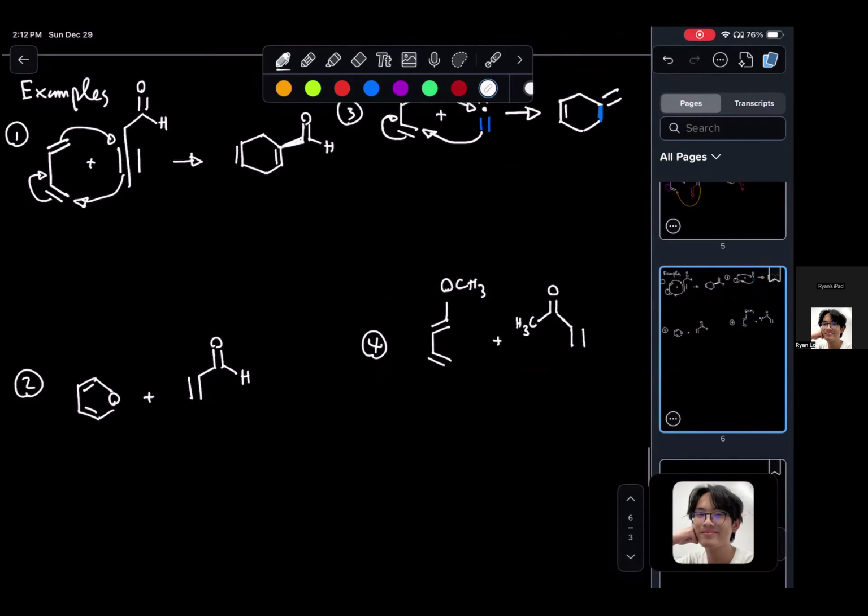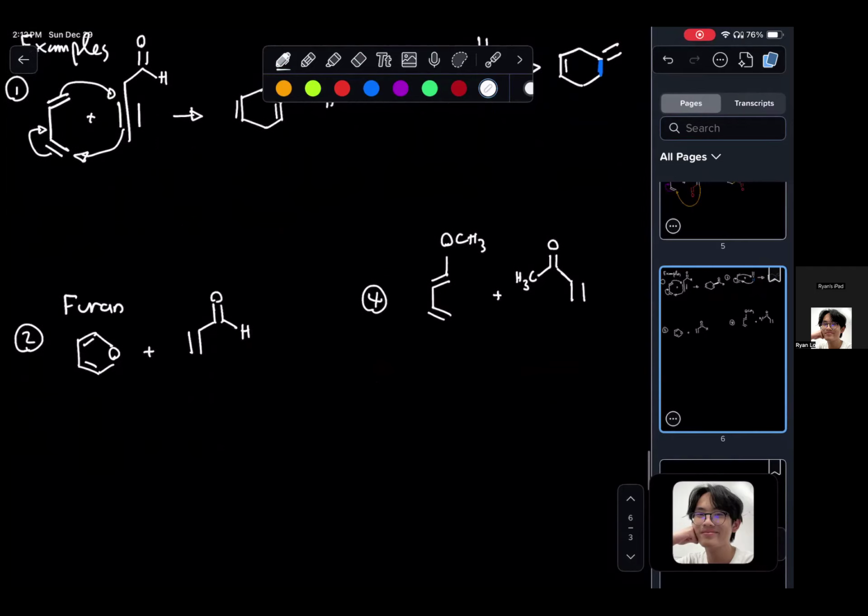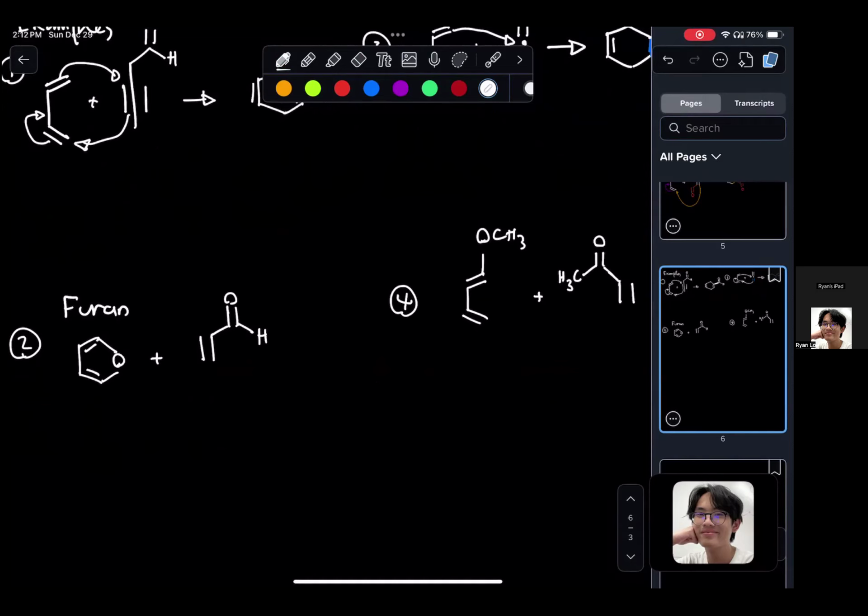What's the point? Over here, we have furan. You probably use that in your lab, and you might be a little confused about how exactly we're going to go about doing this. But I'm going to highlight this in different colors for you so you can see visually how this is going to resolve itself.